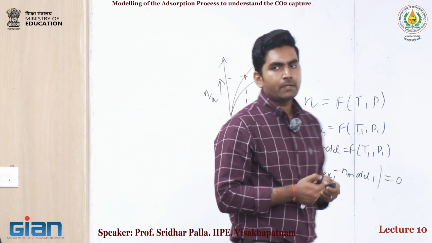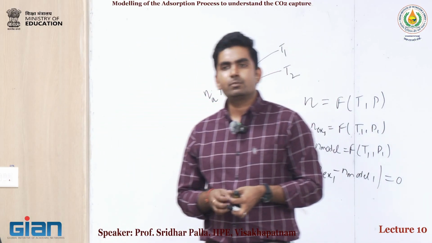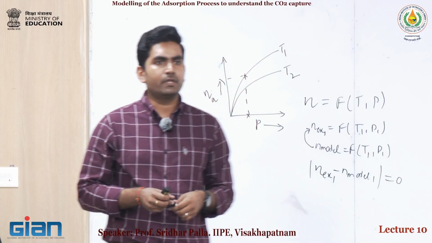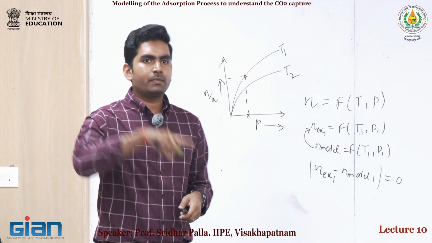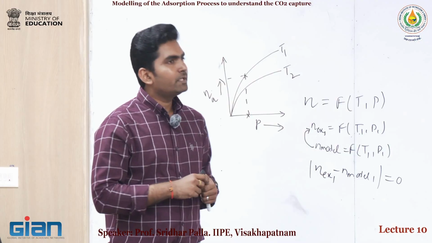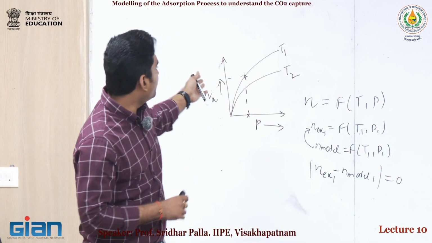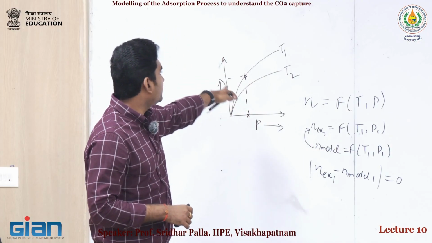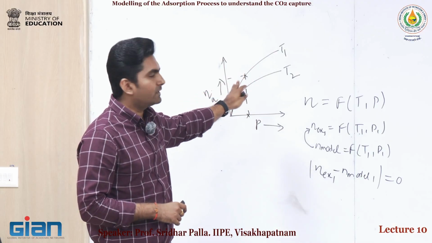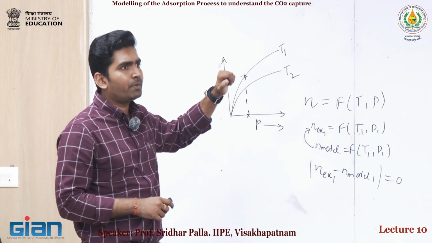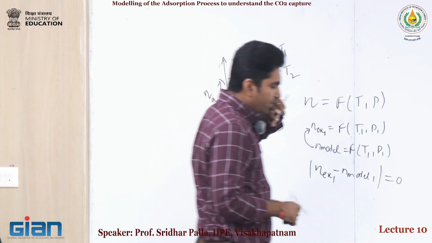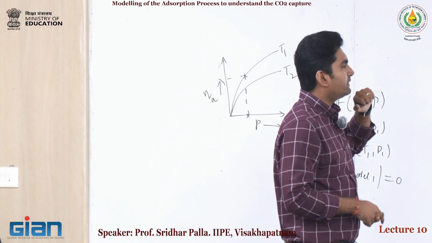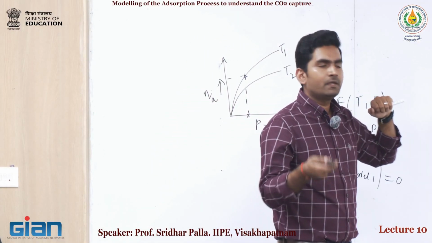You have seen the breakthrough curves, right? If we would like to model the breakthrough curve, we need a very good kinetic model that could predict the breakthrough curve, and also an equilibrium model that could predict the experimental data exactly. So these are very important parameters that we need to understand first when we are trying to design an adsorber.